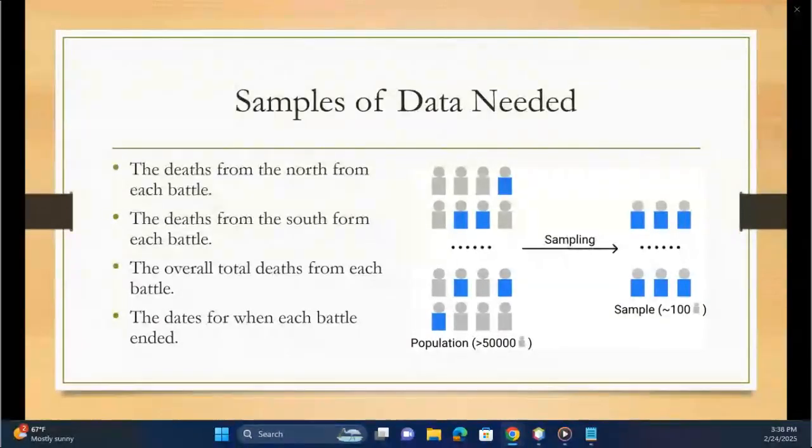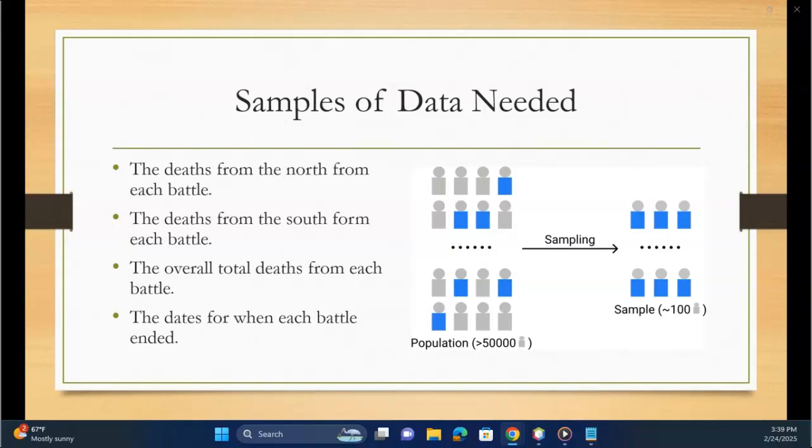Samples of data we need. Again, the deaths are what we're trying to gain for this whole project. So we're going to need the deaths from the North side from each battle, and the deaths from the South from each battle. Then when we have both death counts from each battle, we're going to total them up.